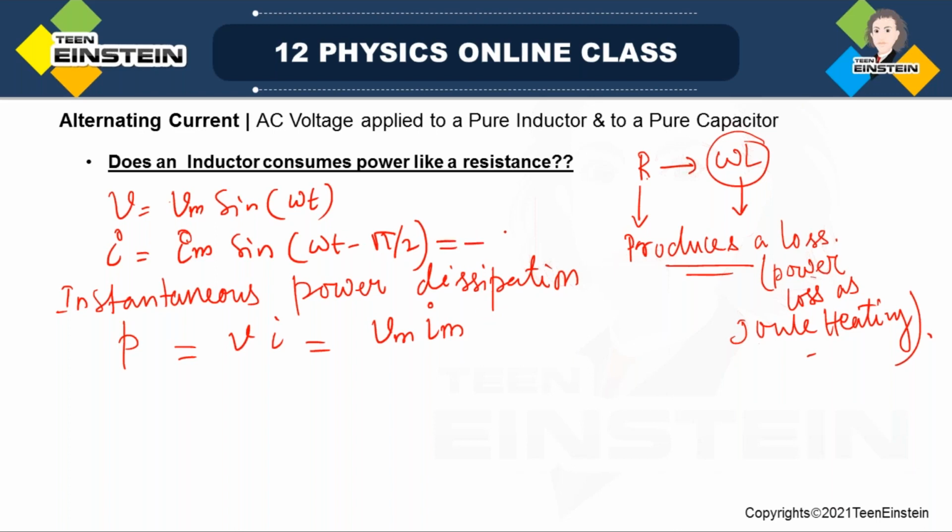I'll write the current in its pure form, minus Im cos of omega t, so there will be a minus sign over here. So you'll have sine omega t into cos of omega t.